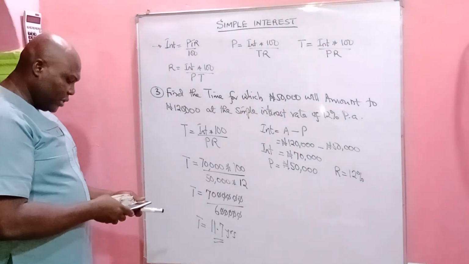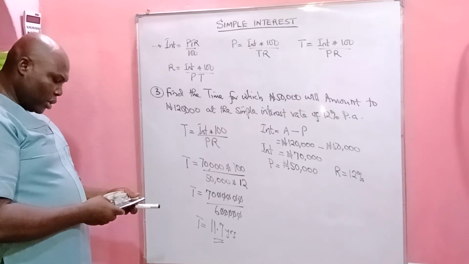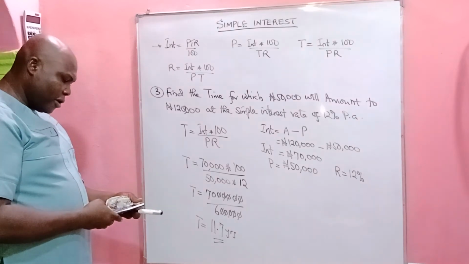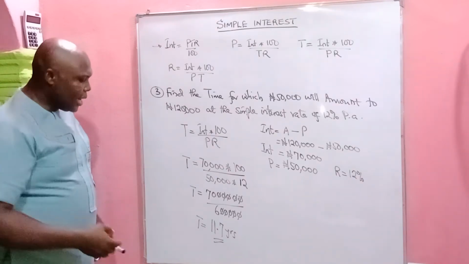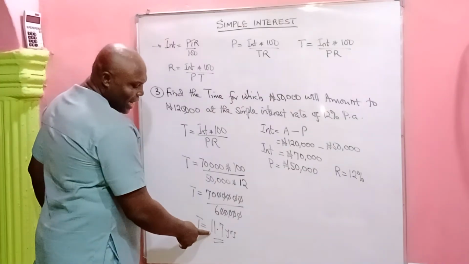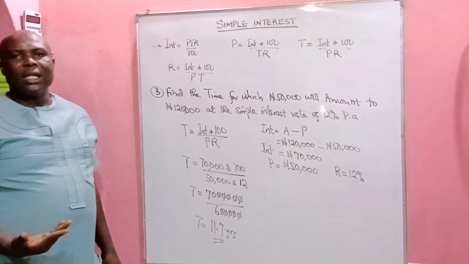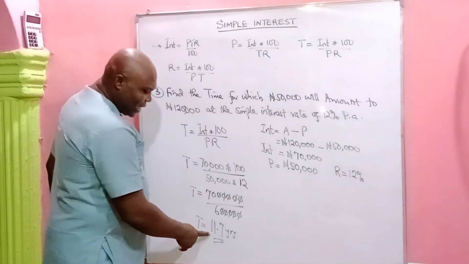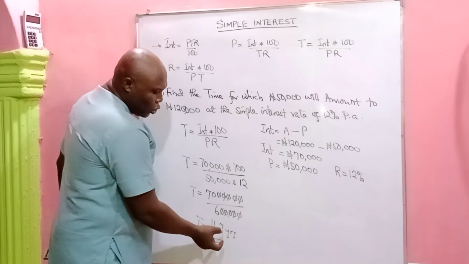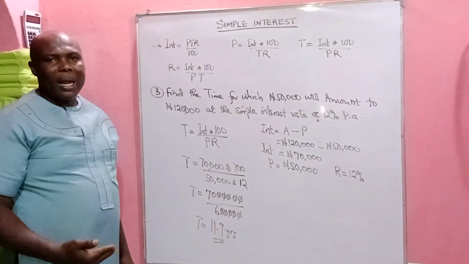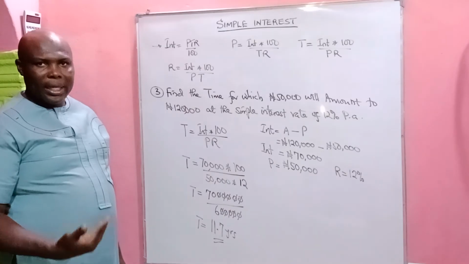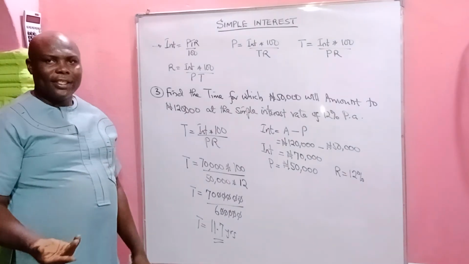And of course, if you take 0.7 and multiply by 12, you're going to have 8.4. It therefore means that this is 11 years and 8 months. That's what it means, because what we have is 11.7 years. So you can take this 0.7 and multiply by 12 to convert it to months, and you have 8 point something.